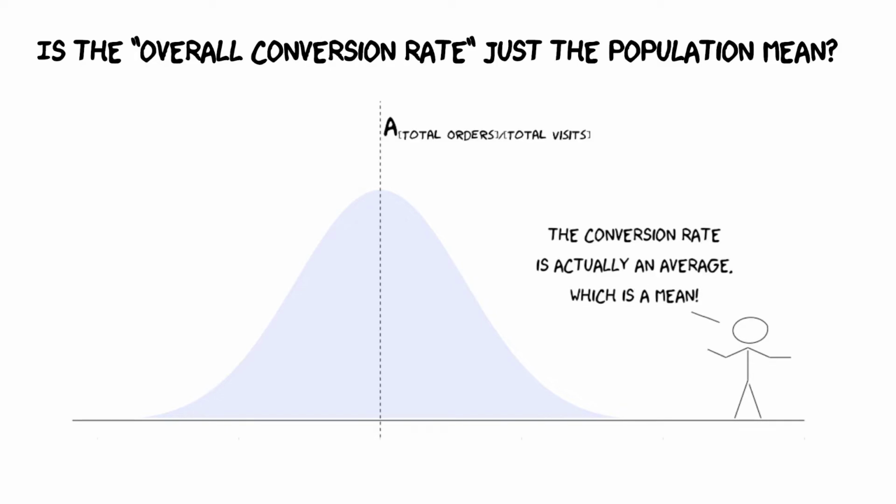Well, for one thing, conversion rate is taking the total orders or total conversions and dividing that by the total visits, which is actually the same math as calculating a mean. So if we actually had all the data, don't we actually have the population mean? Our conversion rate is the population mean? That's kind of where I was, and that's not really particularly accurate.